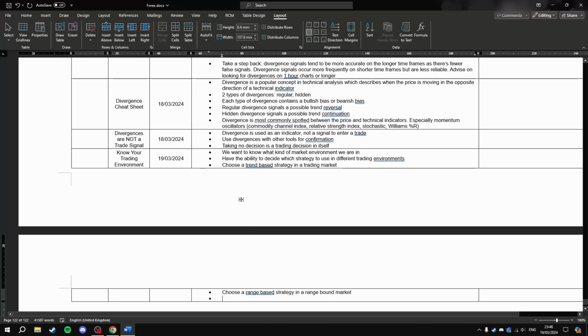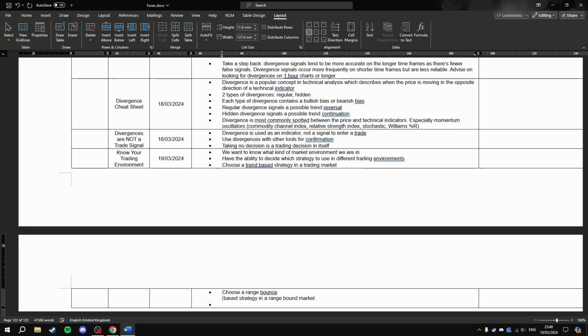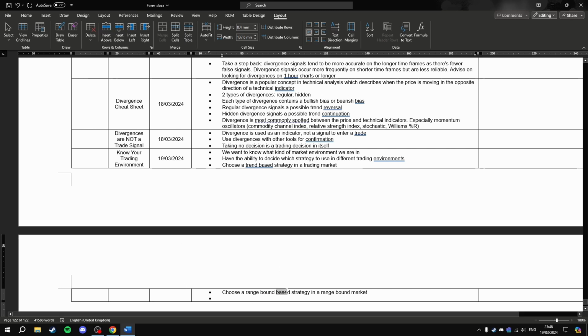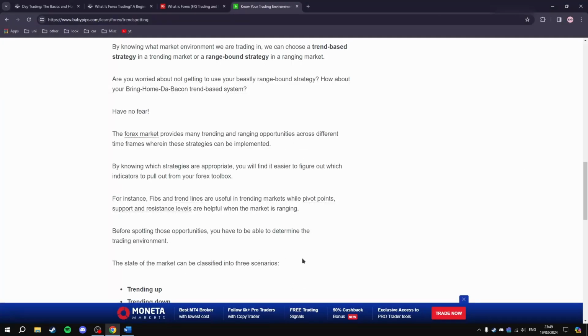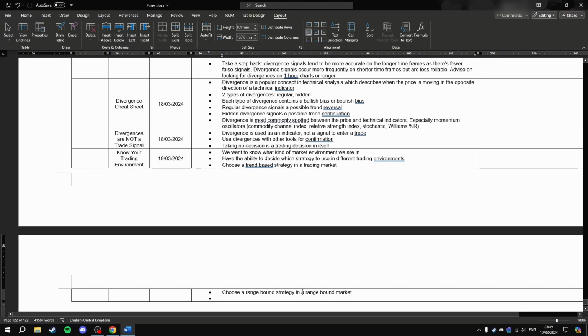Oh no, I wrote it the wrong way. Choose a range-bound strategy in a ranging market.